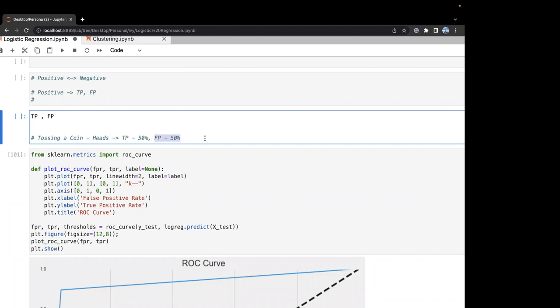That signifies that my model has not learned the difference between positive and negative. Okay?